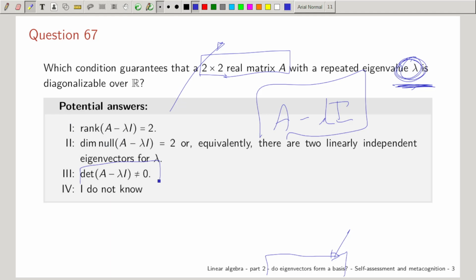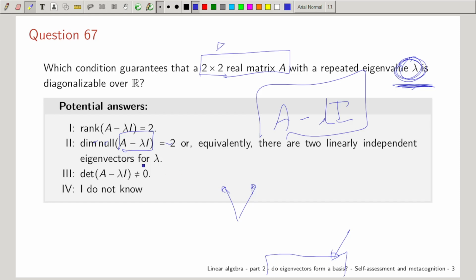This one, what does it say? It's the same of 1. Are we together that 3 and 1 are saying the same thing? Perfect. What does 2 say? The dimension of the kernel is 2. It means that the kernel of this matrix has at least 2 linearly independent objects inside.